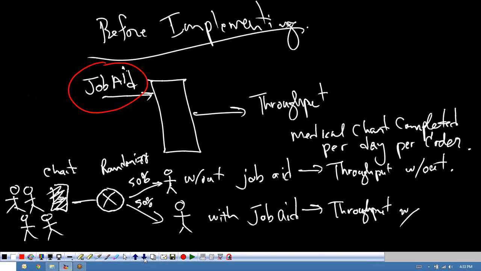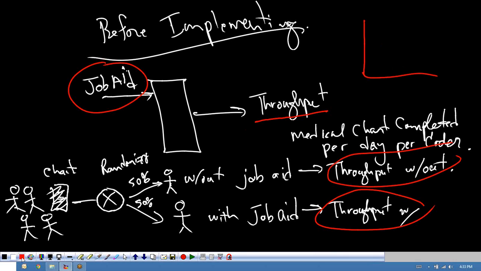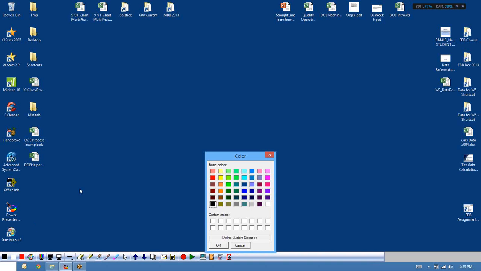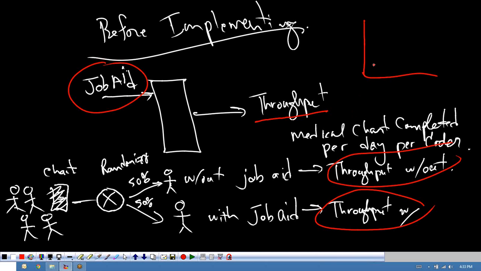And the point of this is that we can compare the two groups in the same time, right? During the same time period, we can compare throughput with and throughput without, so that we can do a fair comparison. If we did our means chart, and let's suppose, remember, our means chart looked blue, so I'll make it blue. It's in Excel stats.